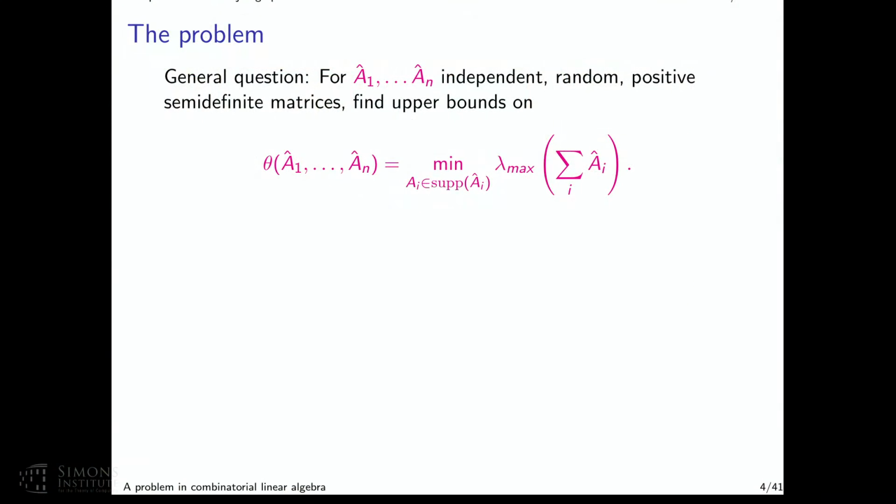So I have these random matrices that I'm concerned about. What I want to do is cheat, and I want to find the assignments which give me the smallest maximum eigenvalue that I can possibly get. And I want to figure that out. I want to get bounds on that thing.